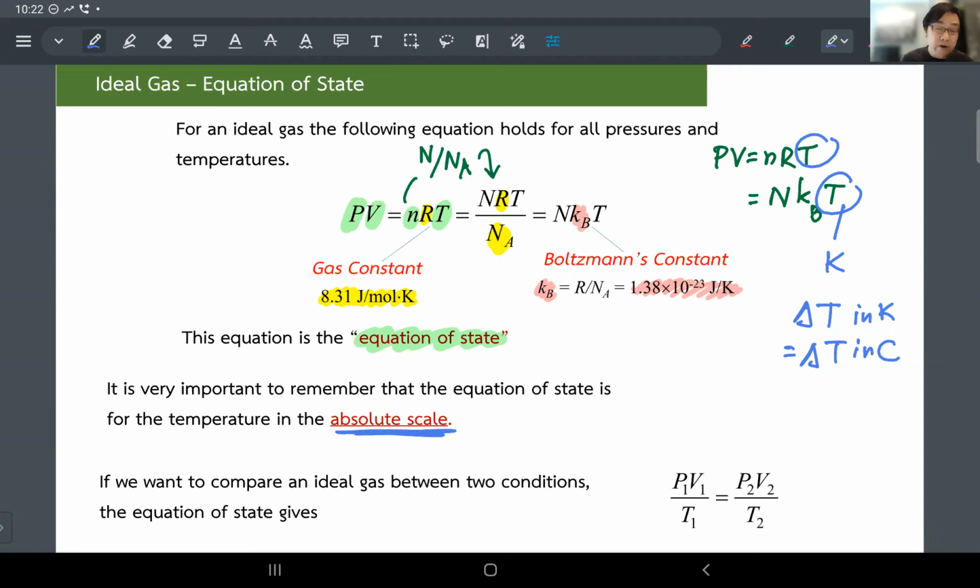However, if you want just the value of the temperature in an equation, most of the time you will need that temperature in absolute scale, or in Kelvin. Sounds good? Okay. Just to be careful: if it's just a plain equation, stick with the absolute scale. But if you are dealing with just the change, then you can use either scale. Doesn't matter, same thing.